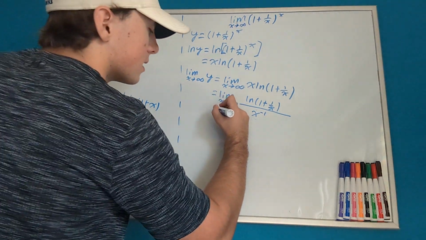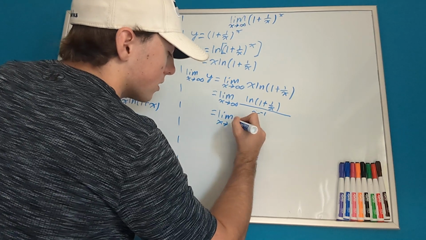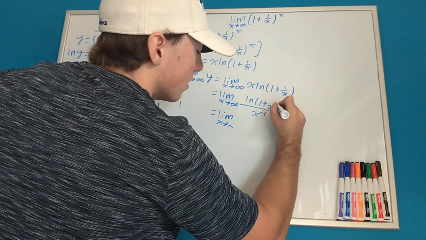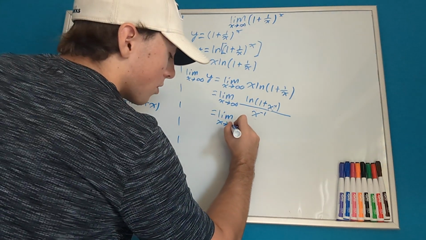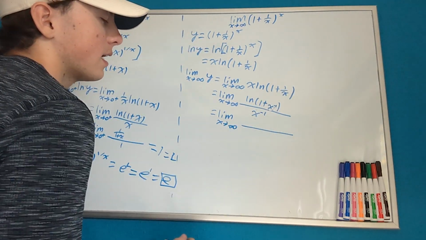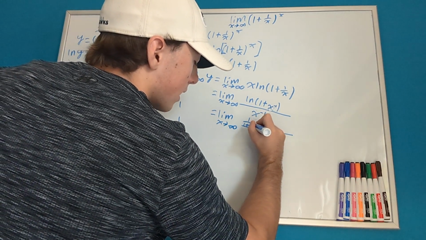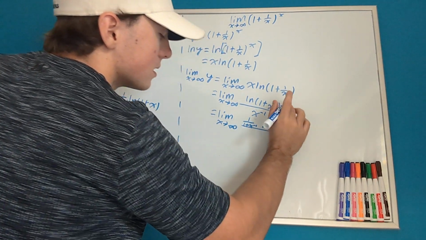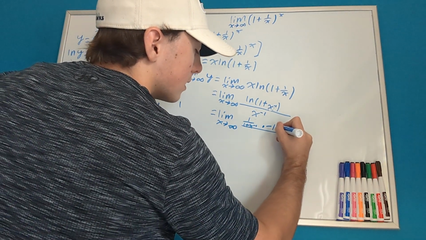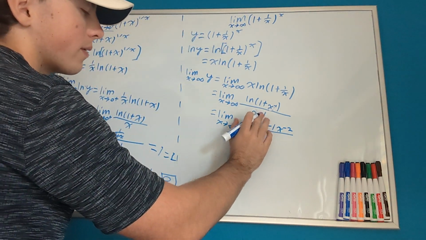So this equals the limit as x approaches infinity of, we're going to take the reciprocal of that, 1 over 1 plus x to the negative 1, times the derivative of that, which is negative 1 times x to the negative 2, over the derivative of the denominator.